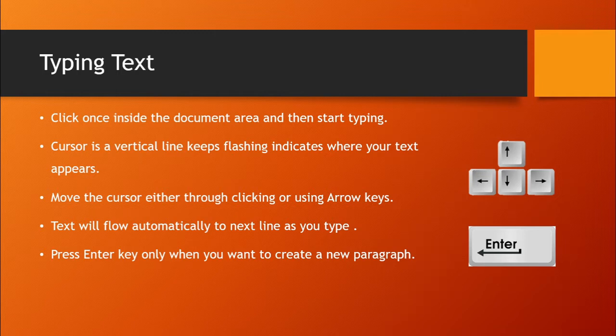You can use arrow keys to move the cursor either left or right within the text, or we can call them navigation buttons. As soon as you type, the text will normally flow to the next line, so you need not do anything. Only when you require a new paragraph, then you can make use of the Enter key. Otherwise, it is not necessary.